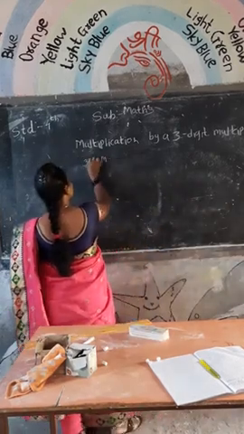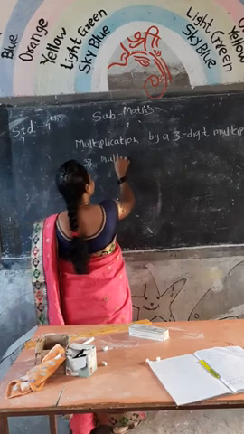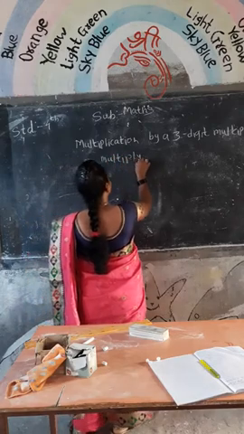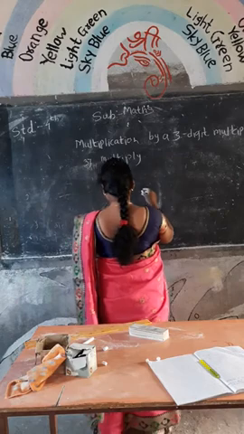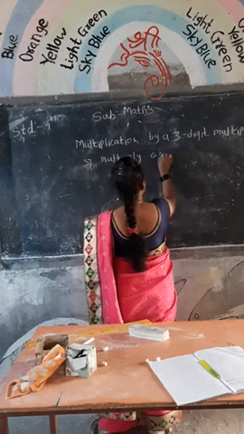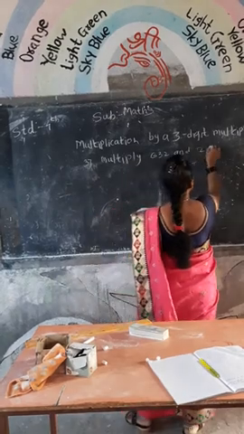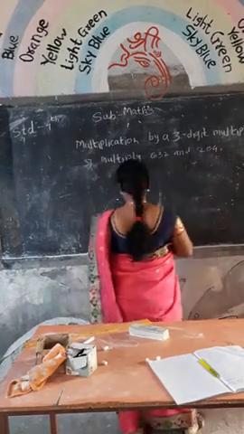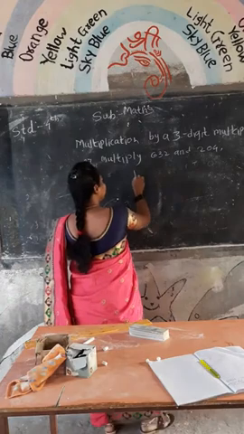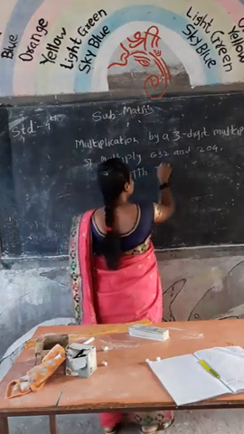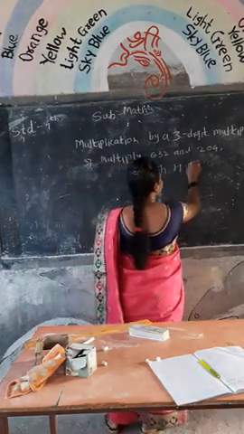Multiply 632 and 204. Then write their place values: ten thousands, hundreds, tens and ones.